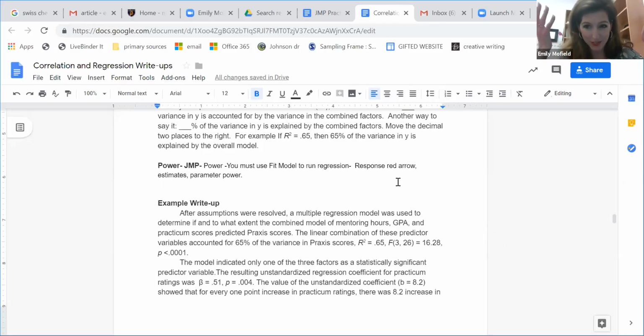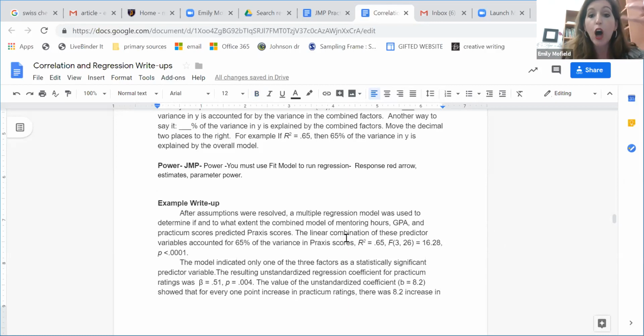When we talk about effect sizes for multiple regression, we're really looking at the R-squared value. And remember, R-squared is saying how much of the variance in Y is accounted for by the variance in X. All right. So when you write this up, you are talking about how your assumptions were resolved.